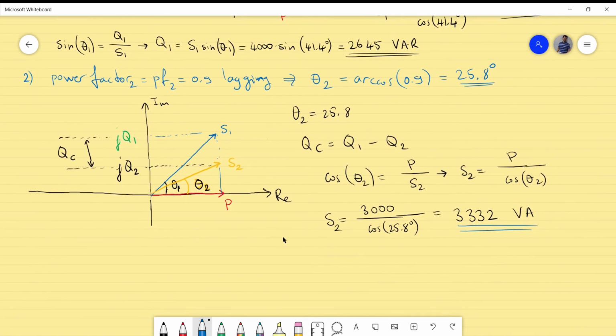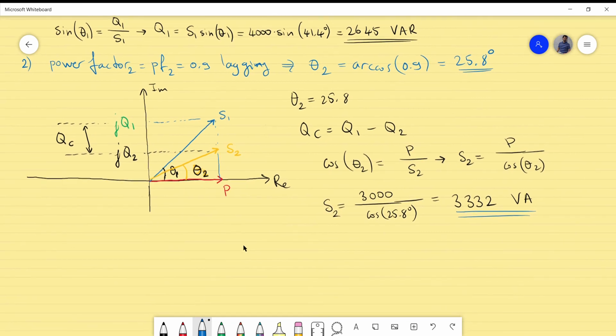Now the next part is the Q2. So let's determine Q2. Q2 has a relation with the apparent power in this form. So the sine of theta 2 is equal to Q2 divided by S2.